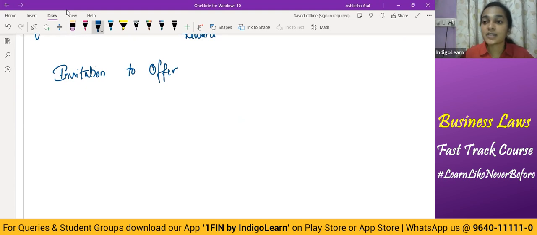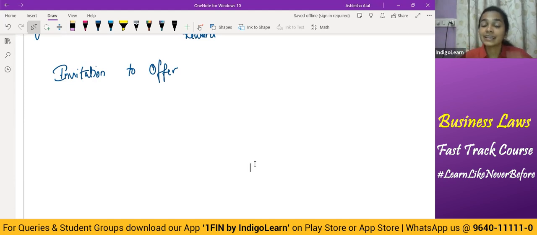Or say, you might have seen when you go to shopping malls, there are different things on display. Now, what are these things on display meant for? They are basically inviting people to come forward, step into the store and shop at the store. So an invitation to offer is basically inducing offers from people. Invitation to offer is not an offer.